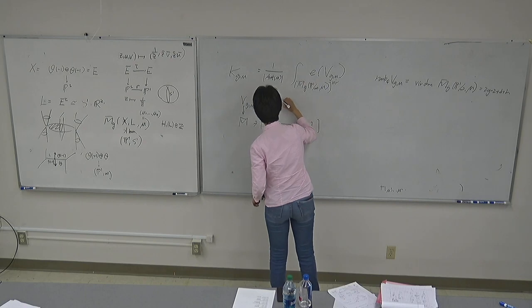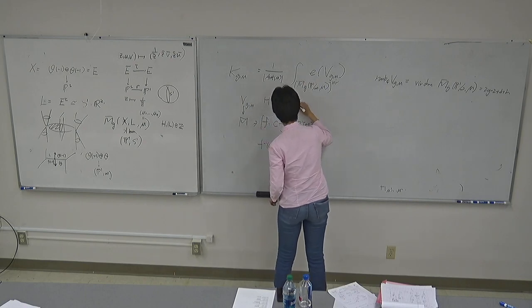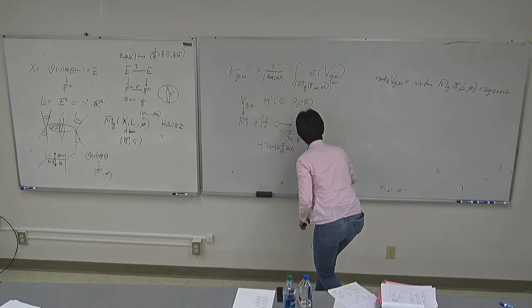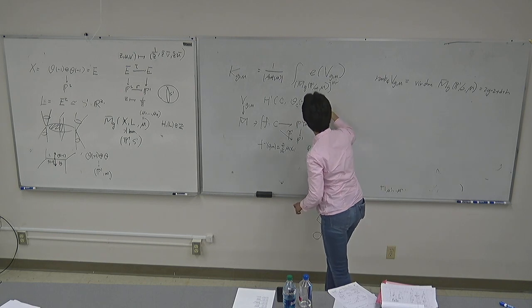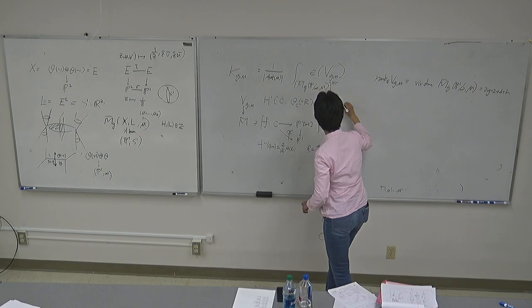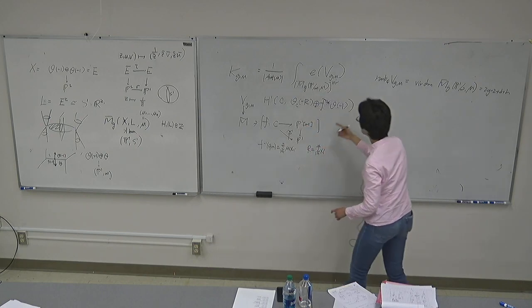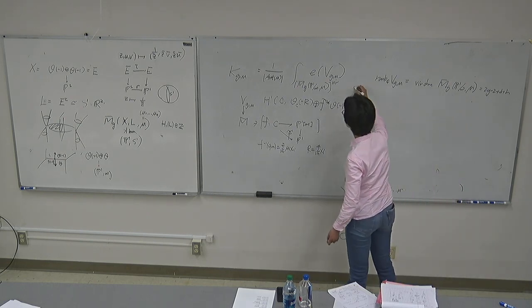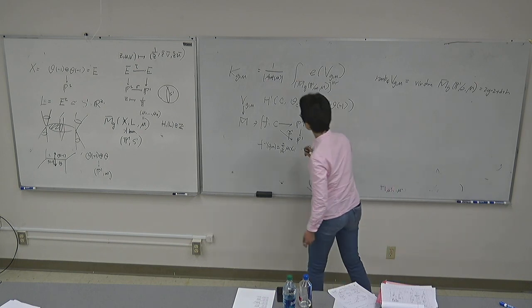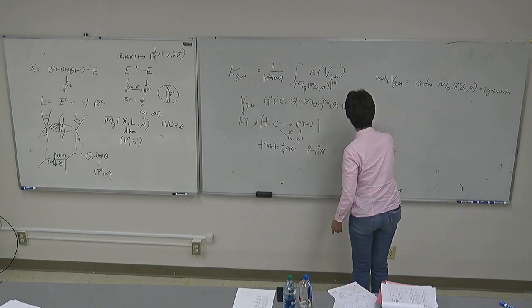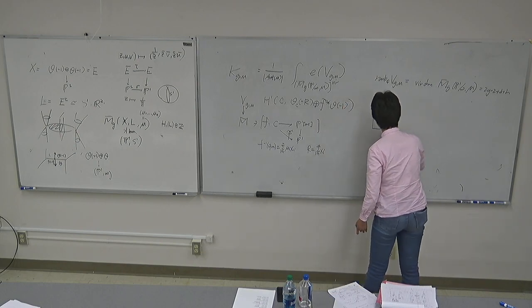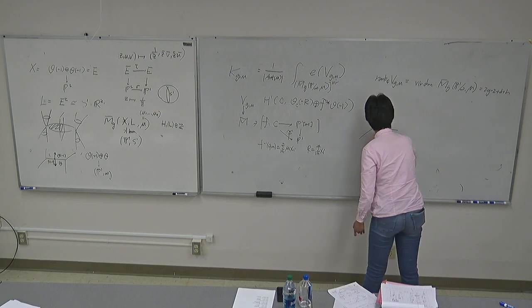So this is O of C minus R. Then H0 is 0, it's a bundle. And then one can use a different torus action to evaluate this integral.